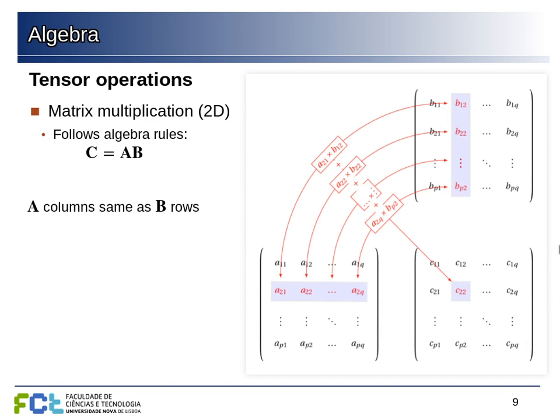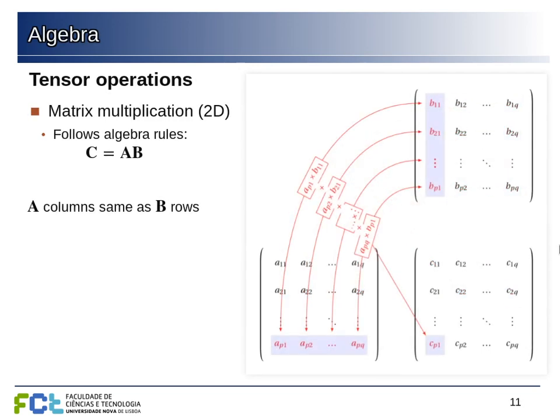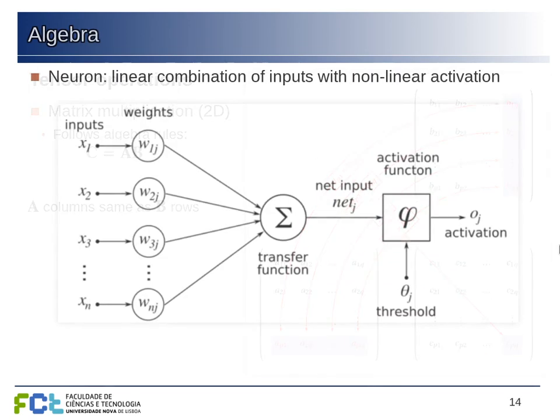So this is how we do matrix multiplication, and this is very convenient because if you recall what the model of the neuron is like, we have precisely this kind of operation over all the neurons. So we need to multiply these numbers, add everything together, and this gives us this net value that then goes into the activation function.